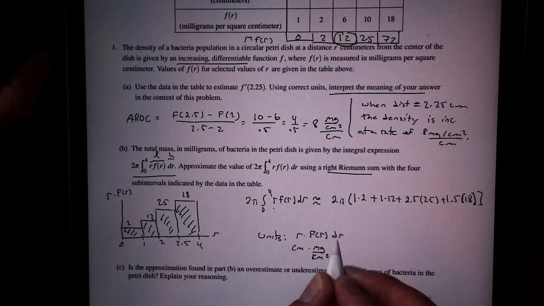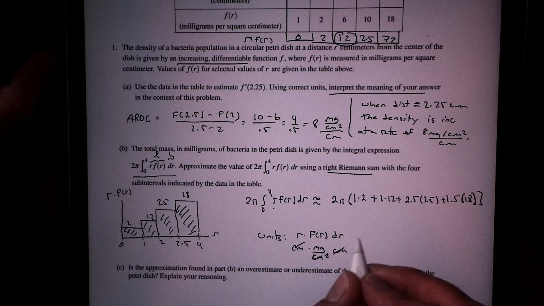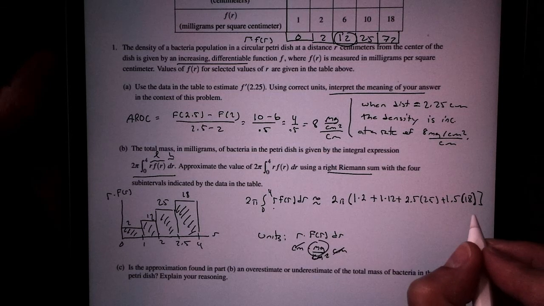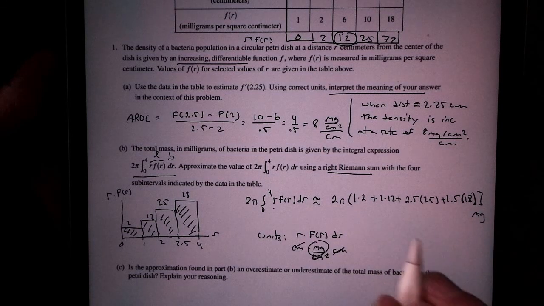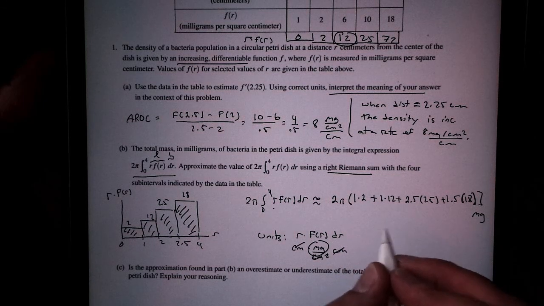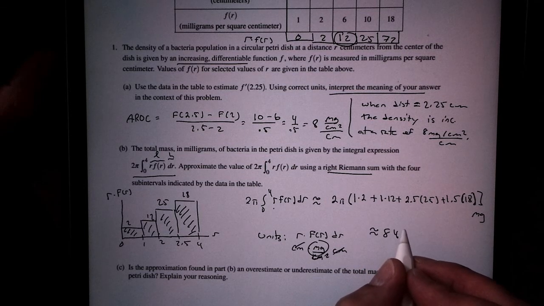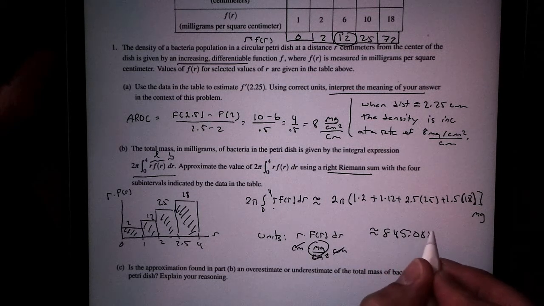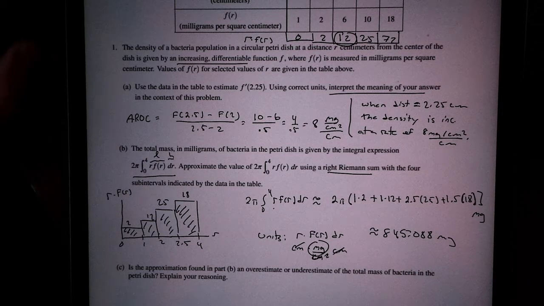And dr, of course, is centimeters as well. And all those units cancel, so we're left with just milligrams. Don't worry about simplifying it, but if you did, you would get approximately 845.088 if you type that in your calculator right there.